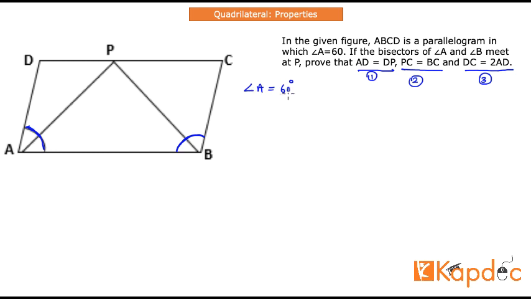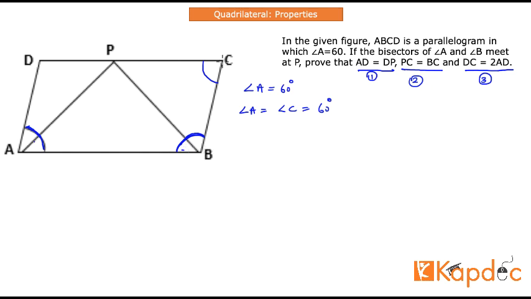We have angle A is equal to 60, and we know that based on the properties of a parallelogram, opposite angles are always going to be equal. That means angle A is equal to angle C, because these are two opposite angles, and they both are going to be 60 degrees each, correct? And now we can also compute the measure of angle B, because we know that angle A and angle B lie on a straight line.